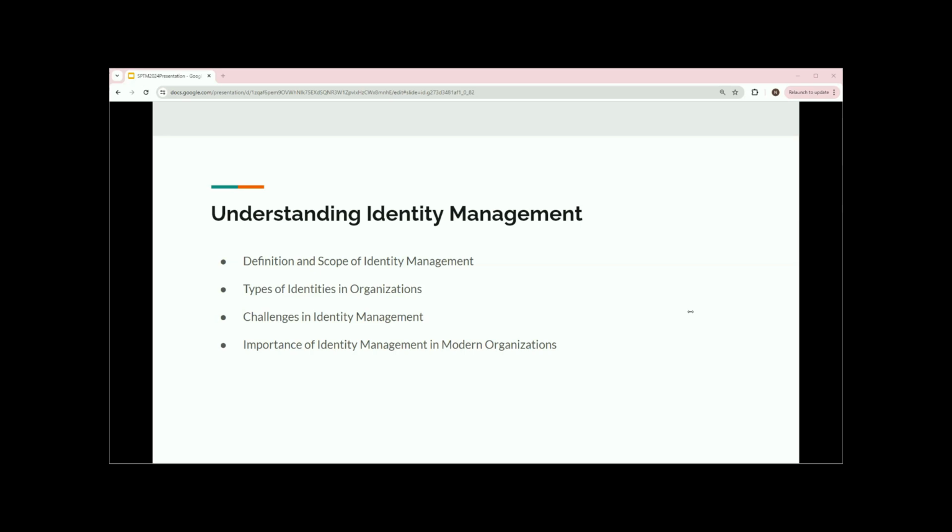Identity management is a complex piece with a lot of moving parts. At its core, it involves identifying users within the system or an organization and ensuring they only have access to the resources they are authorized to use. It's not just about handing out a username and password. It's a lot more than that.